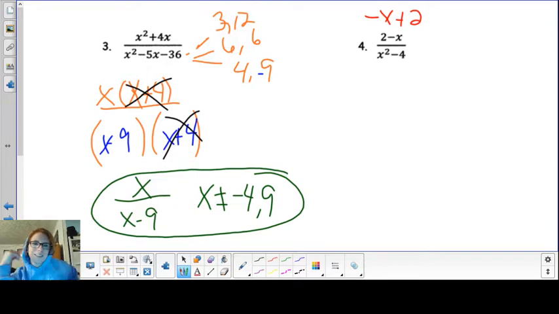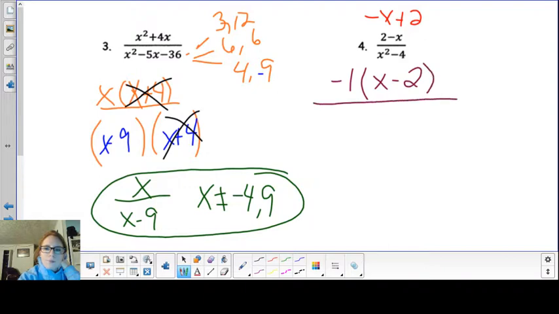Well, I don't like having negative x's. So I'm going to go ahead and divide out a negative 1, just like I could divide out an x in the problem before on top. Because everyone has one, I can go ahead and take out a negative 1. When I divide that out, I'm left with a positive x and a negative 2. On bottom, we know x times x will give me x squared.